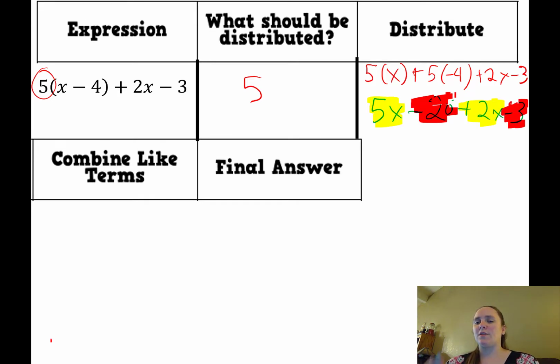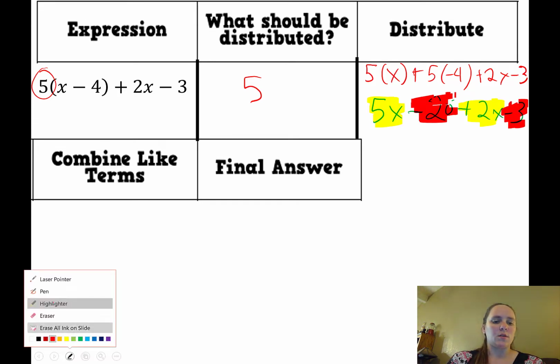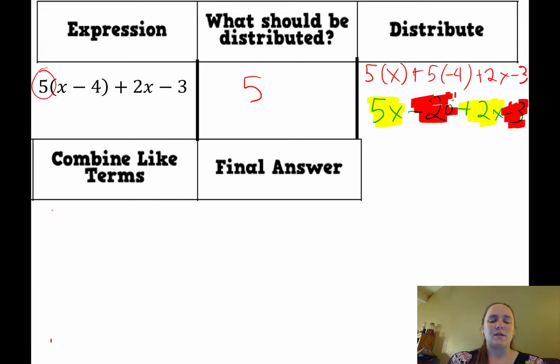So combining our like terms, 5x plus 2x gives me 7x. And negative 20 minus 3 is a negative 23. So my final answer is 7x minus 23.